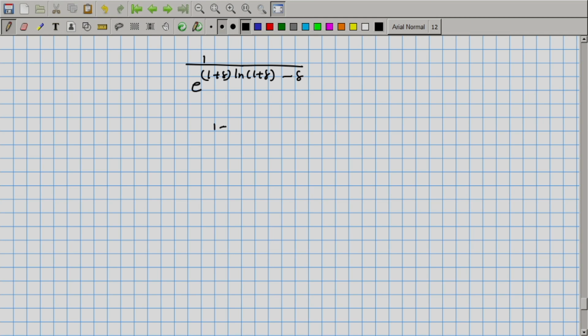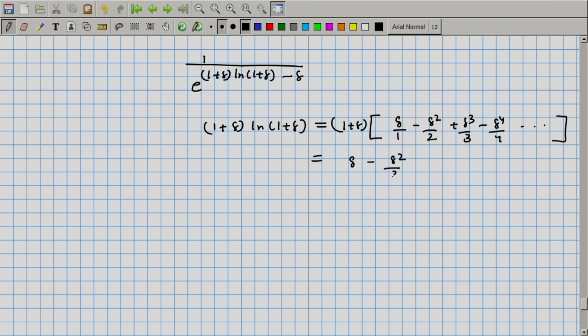So, if you look at 1 plus delta into log 1 plus delta, if you just expand this, it is going to be 1 plus delta into log 1 plus delta, which we can write as delta by 1 minus delta square by 2 plus delta cube by 3 minus delta raised to 4 by 4, and so on. Okay. So, if we just multiply the terms, delta minus delta square by 2 plus delta cube by 3 minus delta raised to 4 by 4, and so on.